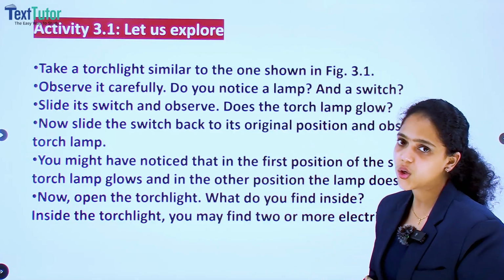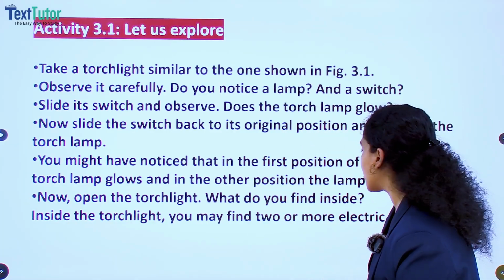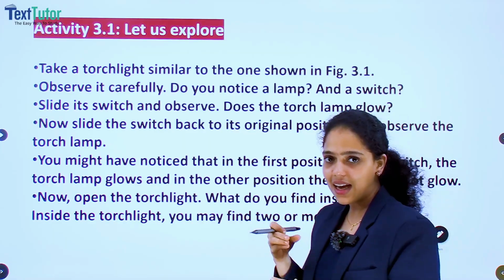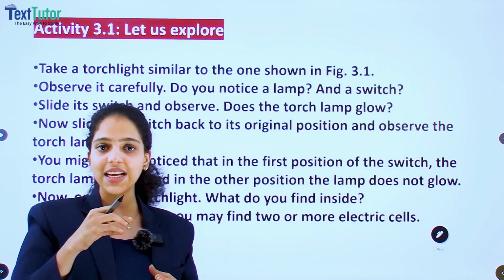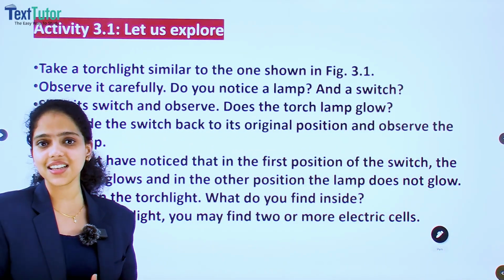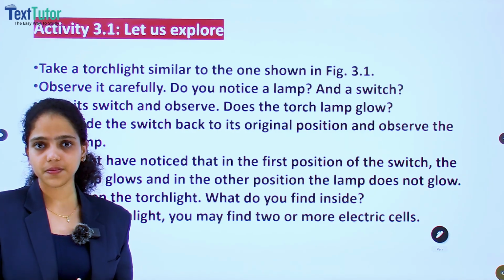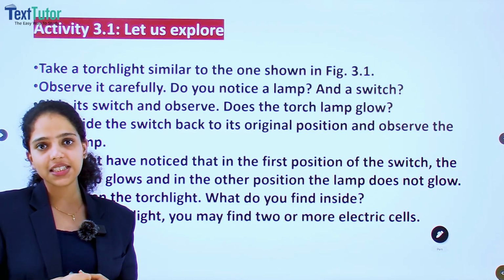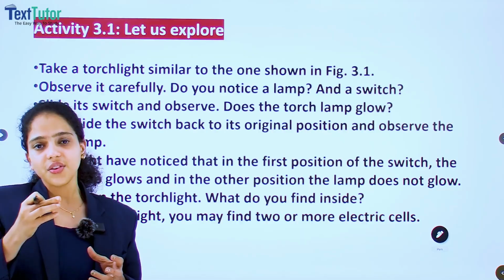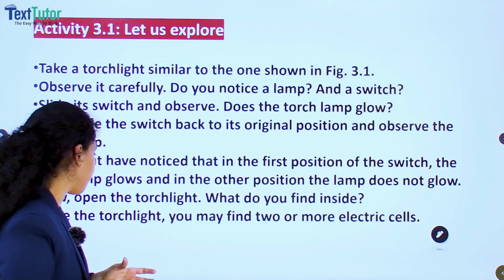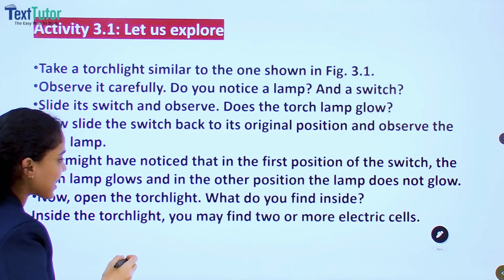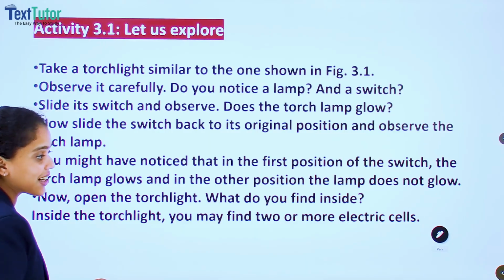Now you can open your torchlight. What do you find inside? While we are opening our torchlight, we can see batteries inside. Inside the torchlight you may find two or more electric cells.